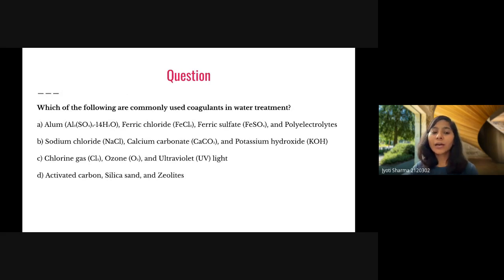Okay, which of the following are commonly used coagulants in water treatment? Alum, ferric chloride, ferric sulfate, polyelectrolytes, sodium chloride, calcium carbonate, potassium hydroxide, chlorine gas, ozone, ultraviolet light, activated carbon, silica, and zeolite.